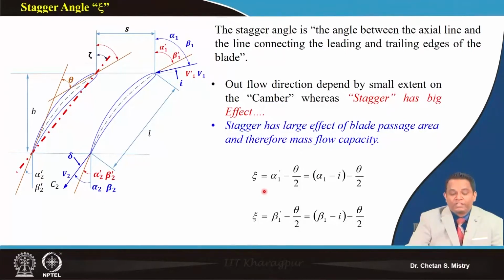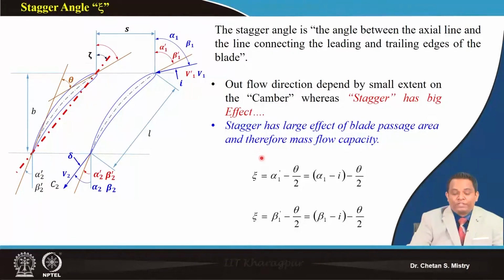The stagger angle has a large effect on the flow passage area or blade passage area, and that takes care of the mass flow rate handling capacity, or what people used to call the swallowing capacity of my compressor.